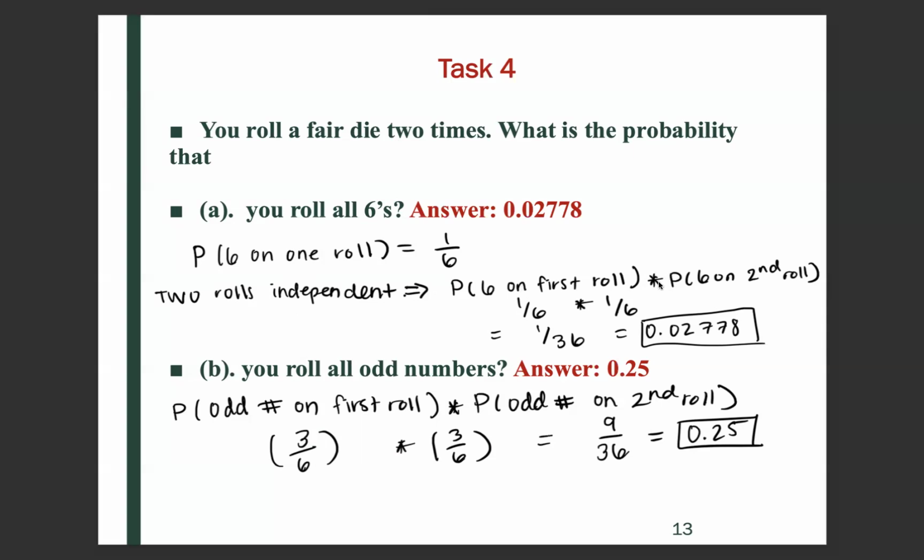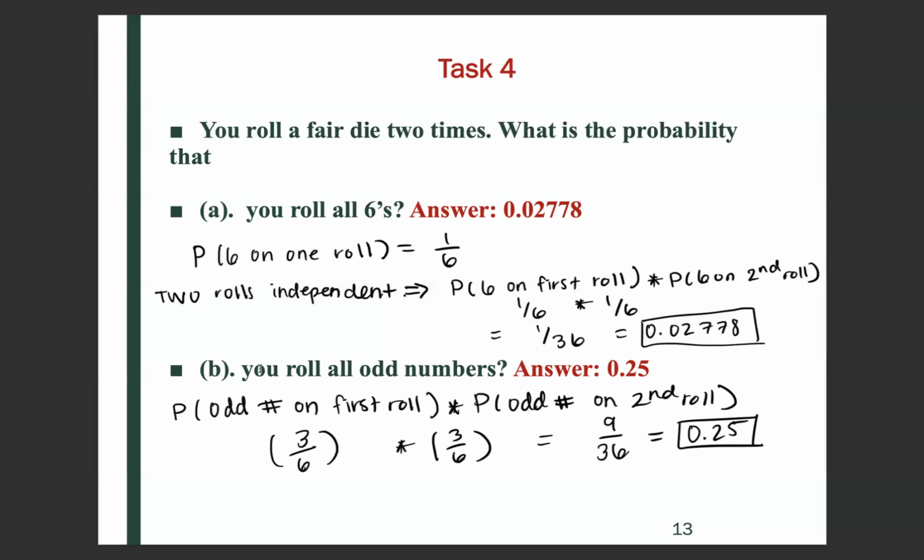So we can just multiply these probabilities directly because of our independence rules. We have the probability of 6 on the first roll times the probability of 6 on the second roll. So 1/6 times 1/6 gives us 1 over 36, or 0.02778.